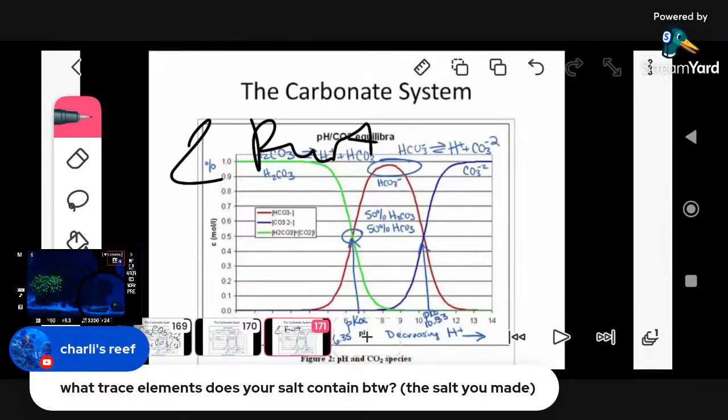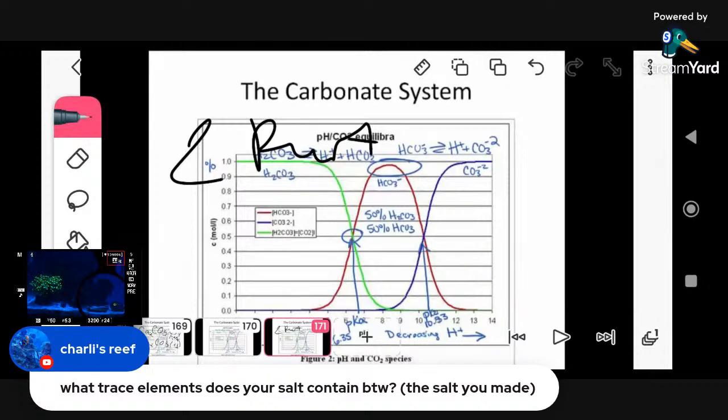But right now, the real small elements I do not weigh out on the scale because it's too small. Even one grain of it is overdosing a 5-gallon mixture of salt.